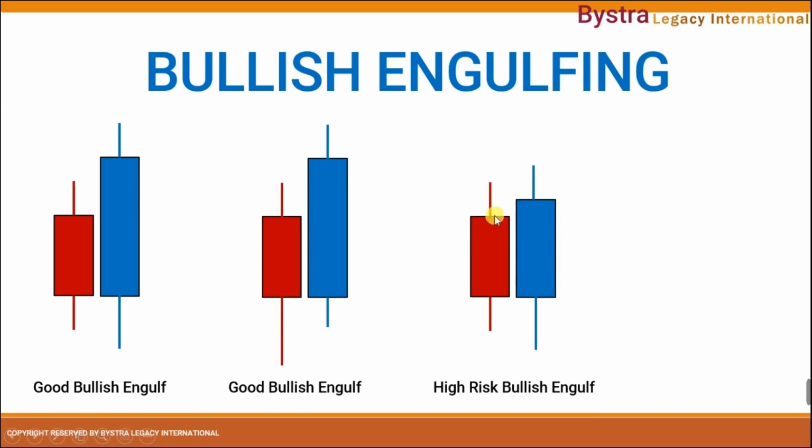However, it did engulf the red candle's body, but for us, it's still considered a high risk setup. Most important is that we want this candle body to close above the wick. The reason is because we want the body to clearly break this structure here, which is the previous resistance of this red bearish candle.